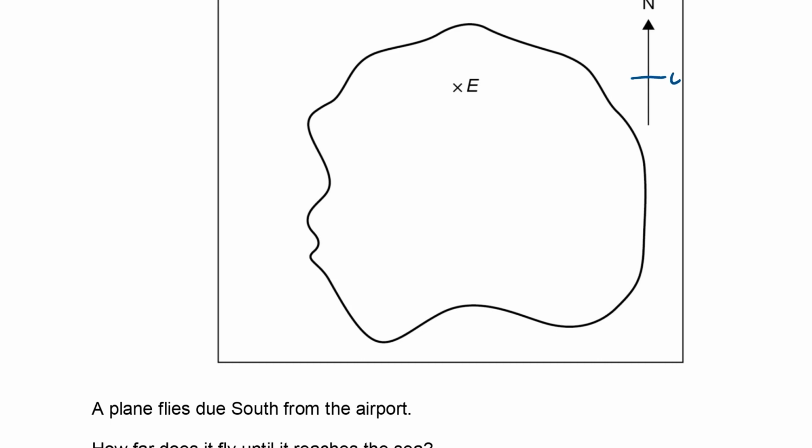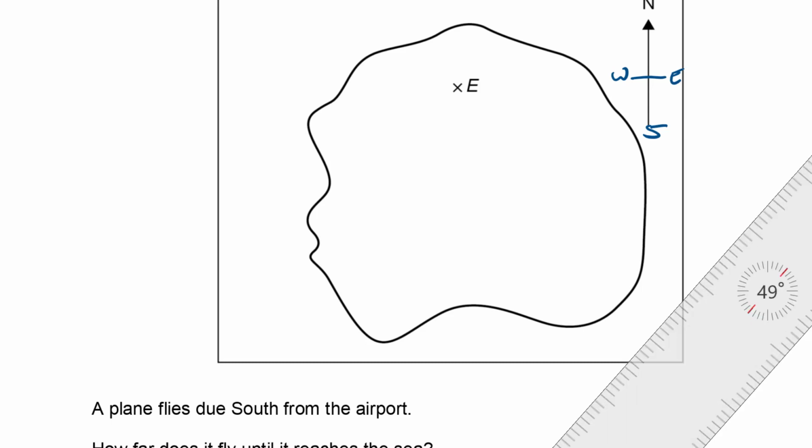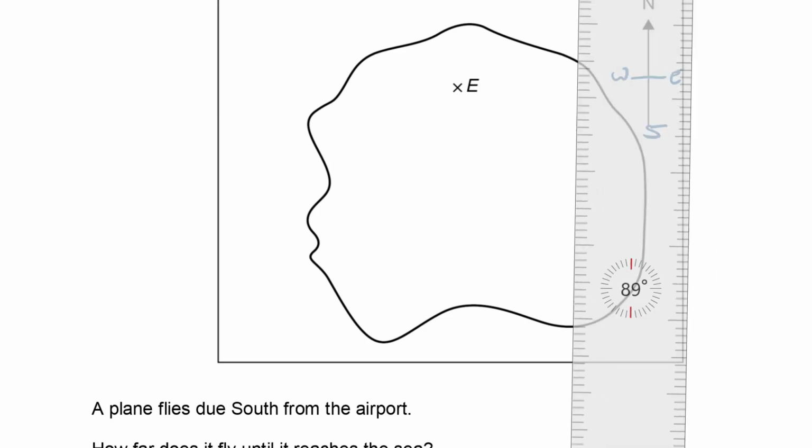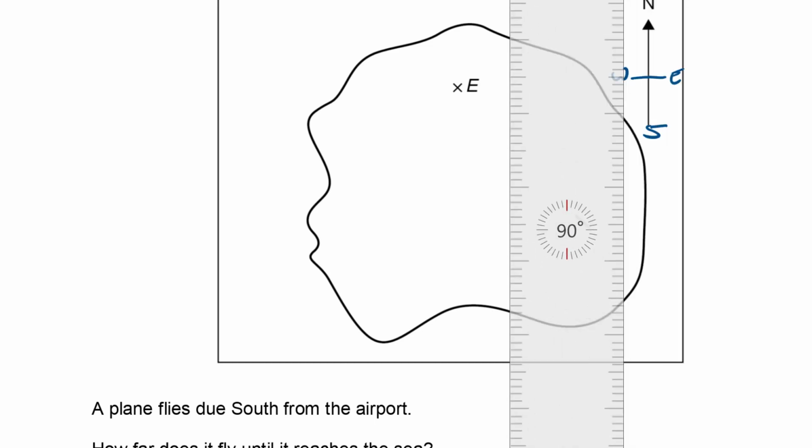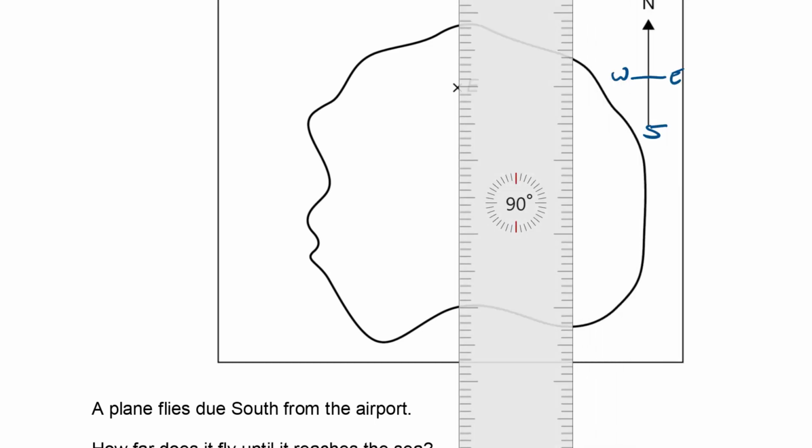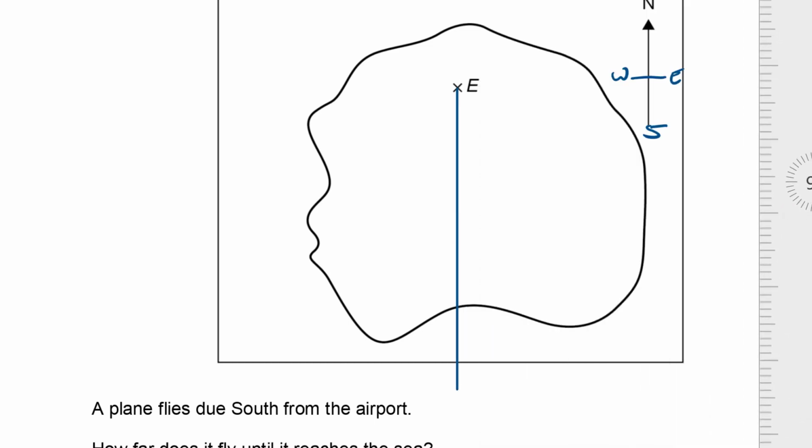Again, with Never Eat Shredded Wheat, south is downwards. So if I get my ruler out and draw a line going downwards from E, it's going off in that direction, the plane.